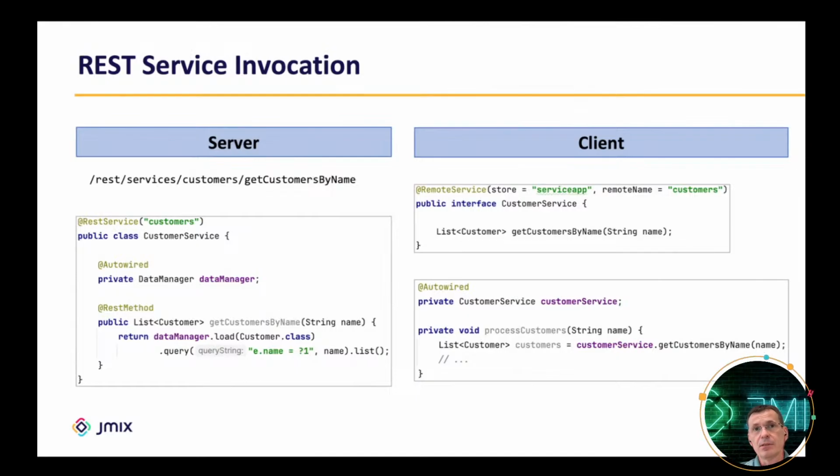At runtime, Jmix will automatically create a proxy and register it as a Spring bean. So in your client code, you inject the interface and invoke its methods as if it was a local service. The proxy will serialize parameters to JSON, invoke the service through the REST API, and deserialize the result.